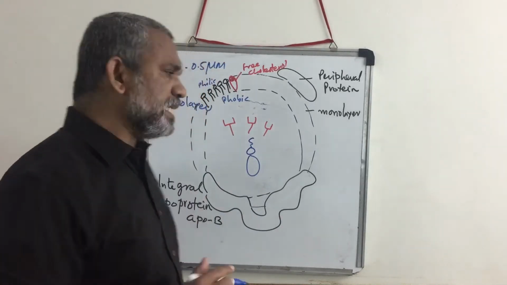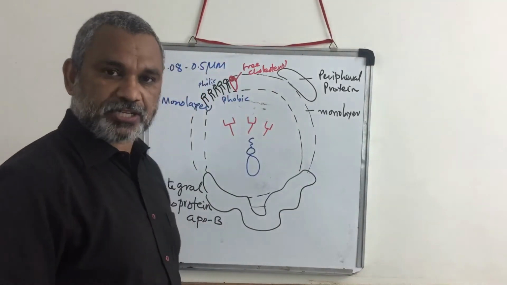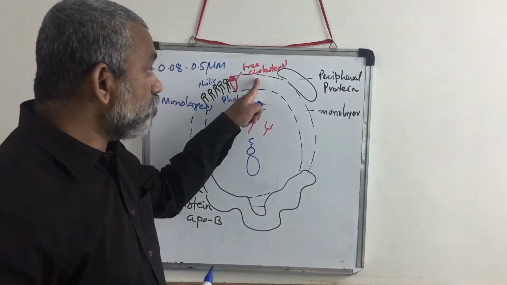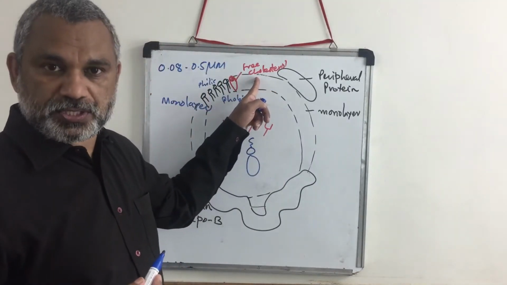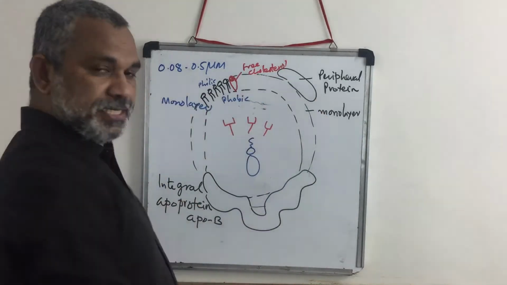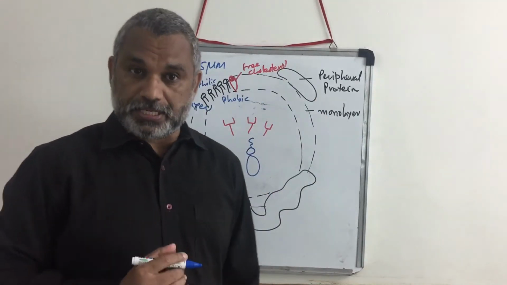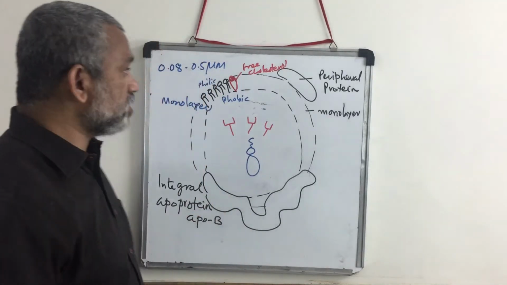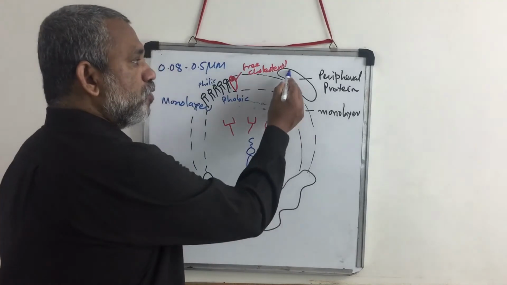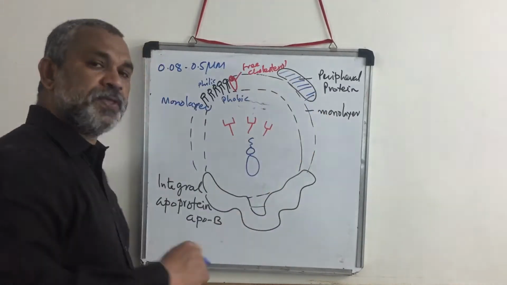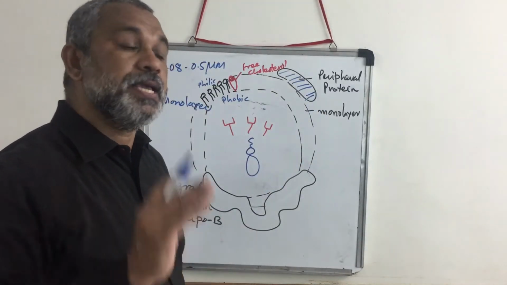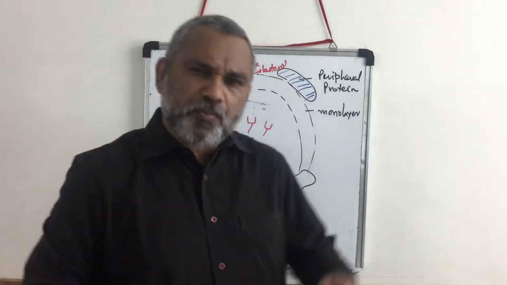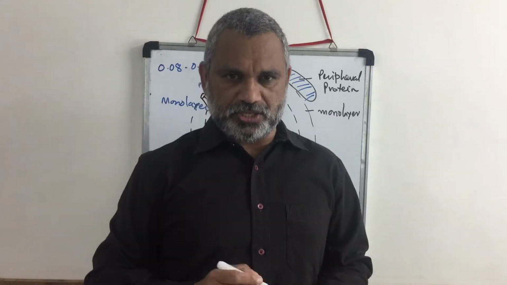What all will you see within the structure? Outside you will find cholesterol molecules, free cholesterol molecules. You will find proteins, mainly of two kinds. One is peripheral protein, on the surface. The second kind is integral proteins, partly going inside the structure.